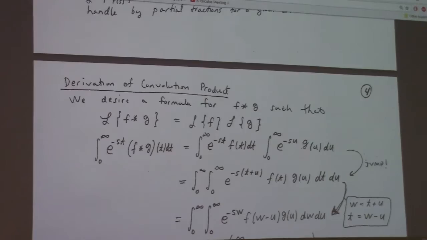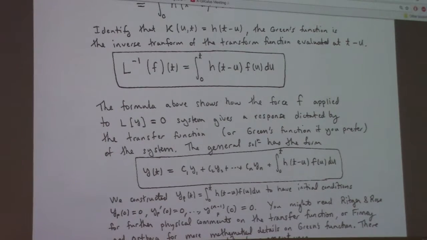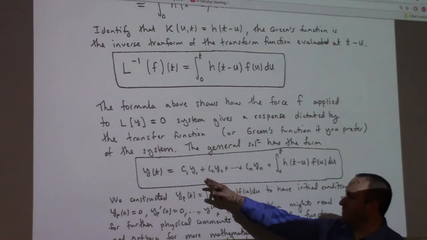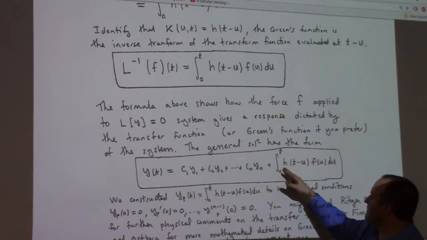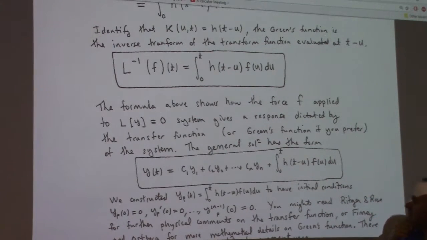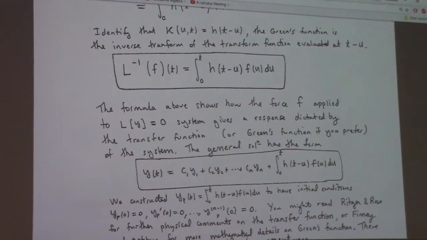So anyway, long story short, the general solution then is just this: y1 c1 plus c2 y2 plus cn yn, plus the integral from 0 to t of h of t minus u times f of u du. Now, I'm not telling you really how to solve a new problem. I'm giving you a different way of understanding what we've already done. You could just solve the problem like we did earlier today: take the Laplace transform, find the big Y, take the inverse Laplace transform, find the little y.